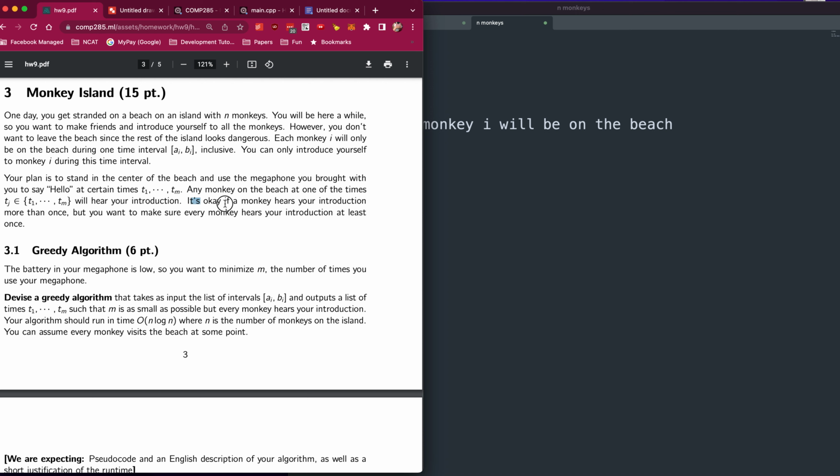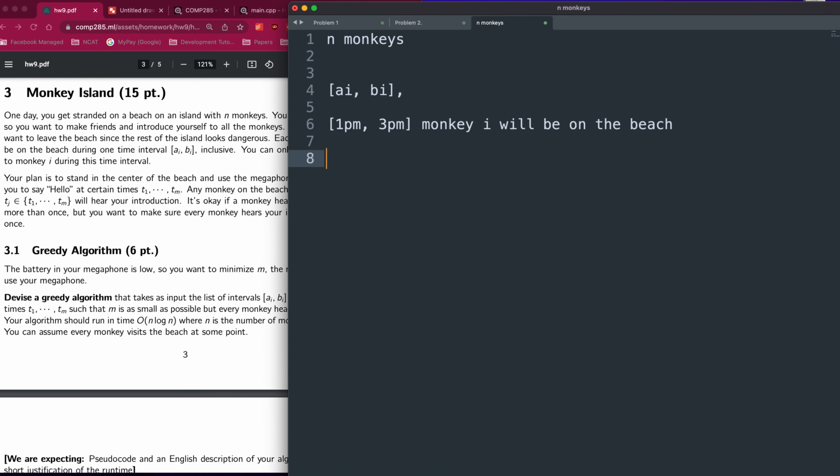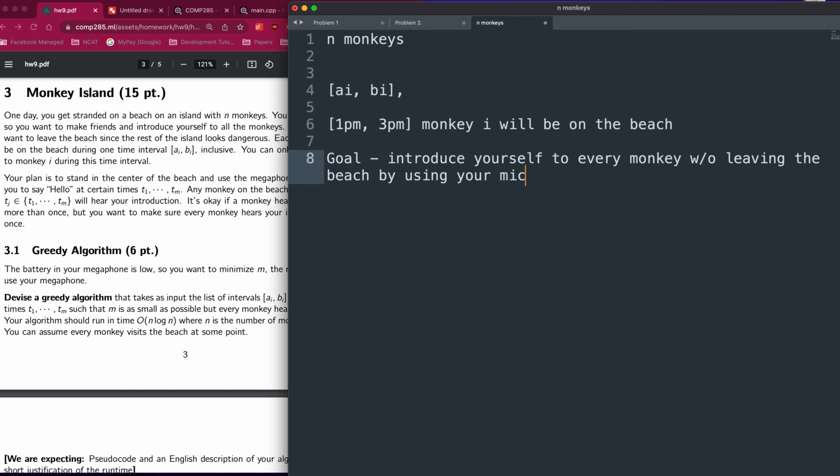It is okay if a monkey hears you more than once, that's fine. But you want to make sure that every monkey hears your introduction at least once, right? So the goal: introduce yourself to every monkey without leaving the beach by using your microphone.